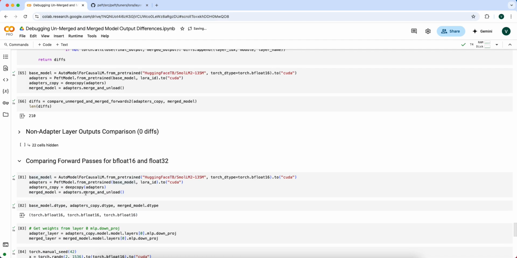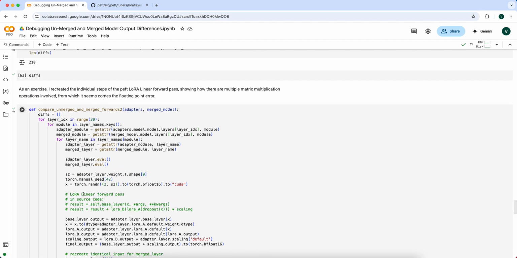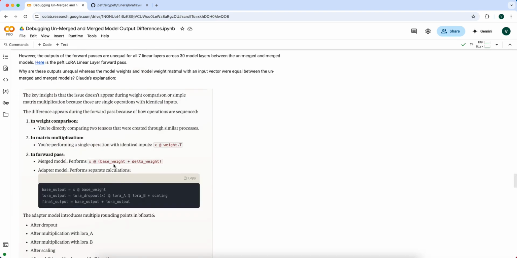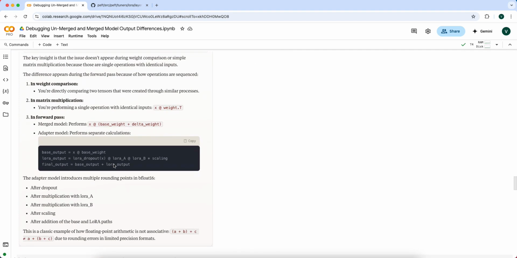And then of course we looked at it more systematically, and we looked at these forward pass differences, and we saw that every single forward pass between the merged and unmerged layers is different. And here was Claude's analysis.